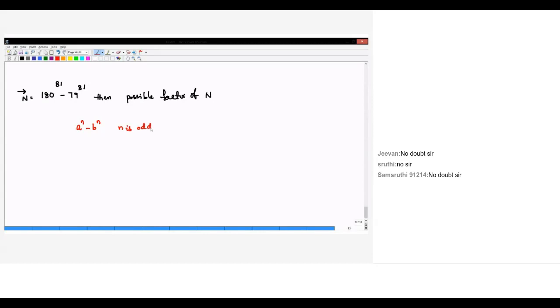Therefore, you can say A minus B is a factor. Right? So 101 is a factor. A minus B.